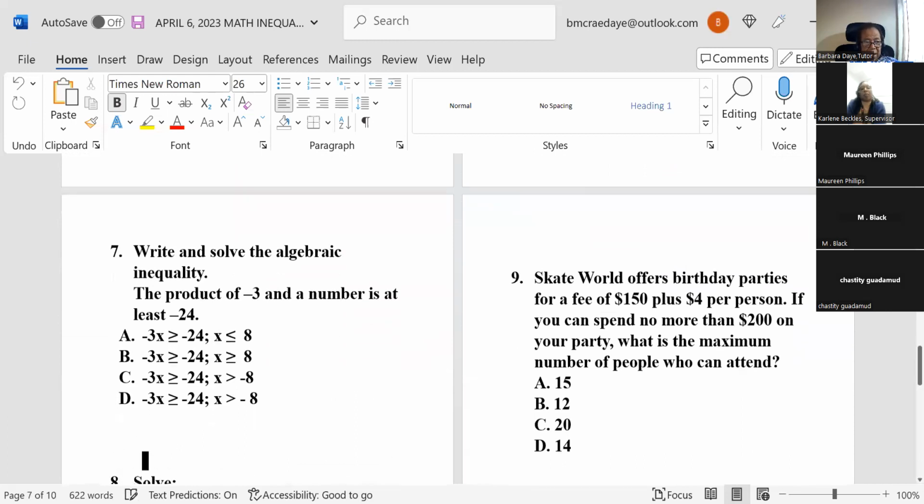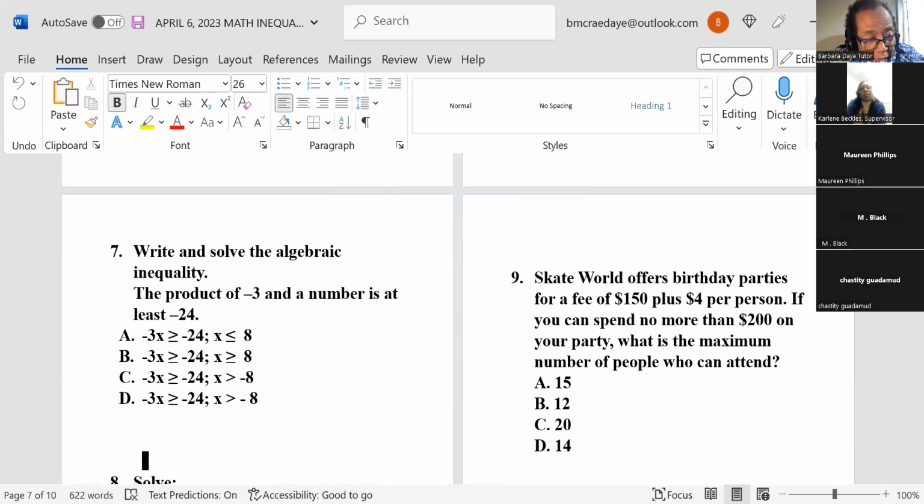Okay. Write and solve the algebraic inequality. The product of -3 and a number is at least -24. Now, product is what comes from what operation, Maureen? Product, you multiply. That's right. Product is a result of multiplication. So the product of -3 and a number means -3 is multiplied by a number.